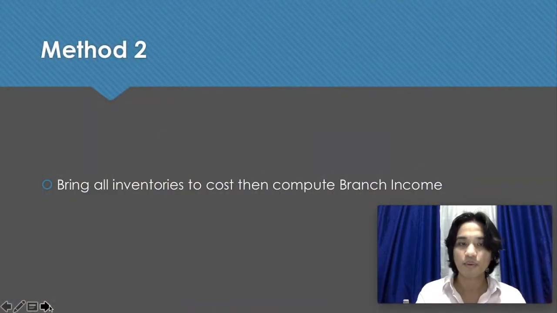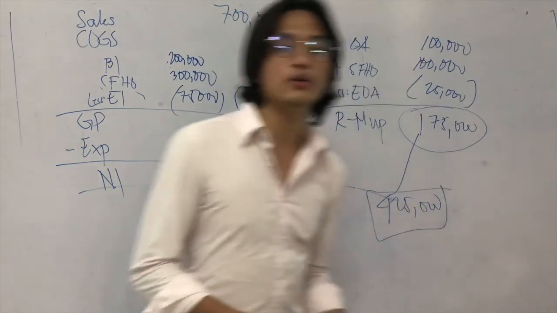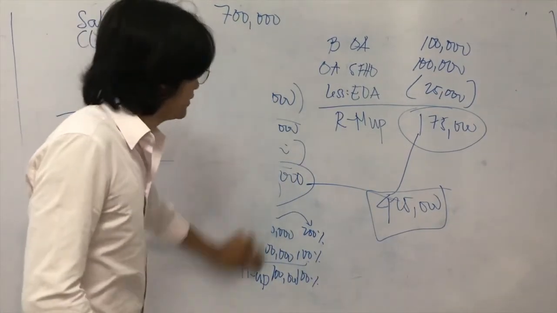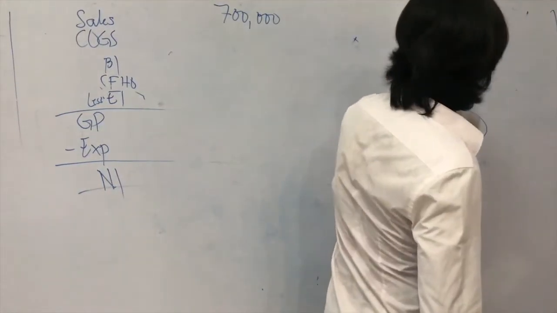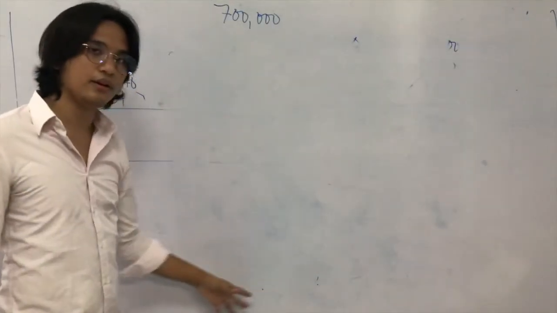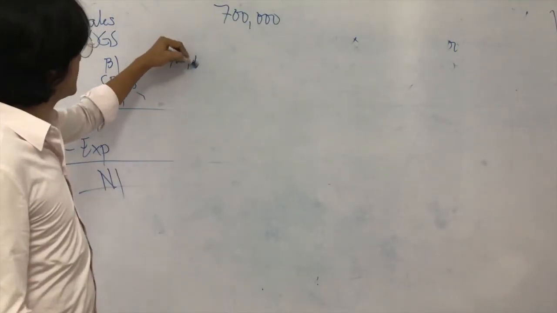Method number 2, bring all inventories to cost, then compute for branch income. Now, if we follow method number 2, we just have to bring all inventories at its cost. So using the formula we had earlier, we get the cost of the beginning inventory of 100,000.